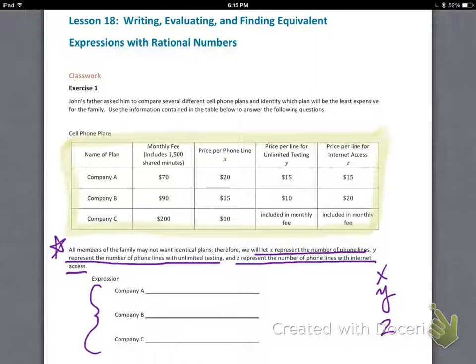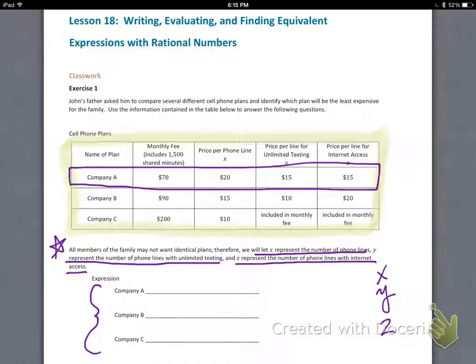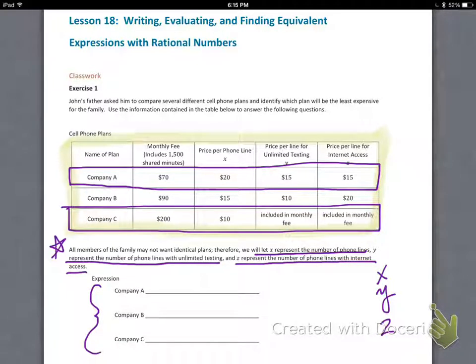So let's go ahead. First step here would be to write expressions for companies A, B, and C. And you can see how these work across here. Here's company A's information right here. This is what they charge for all these different services, and then B, and then C. So you can see across what they charge for these different services.